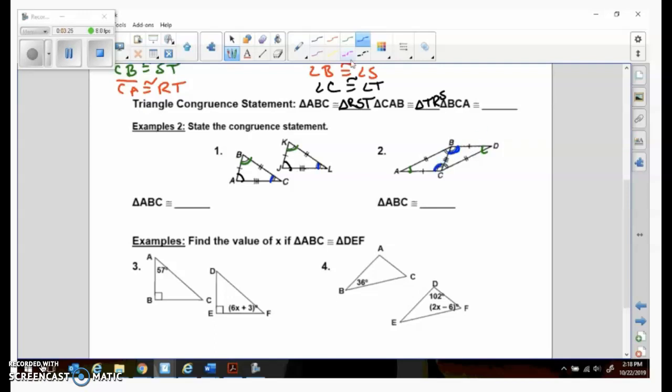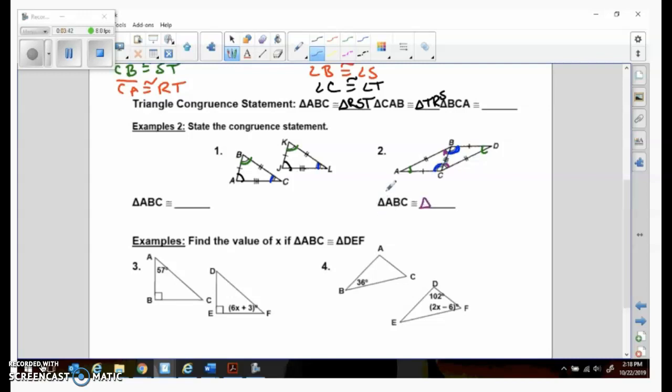And angle B corresponds with this angle C. So you can see which one goes along with each other one.